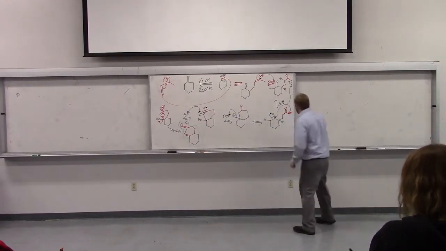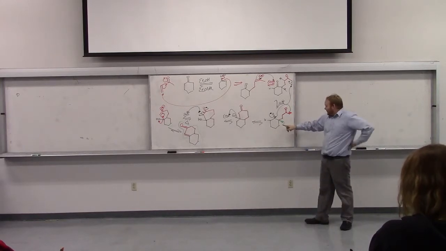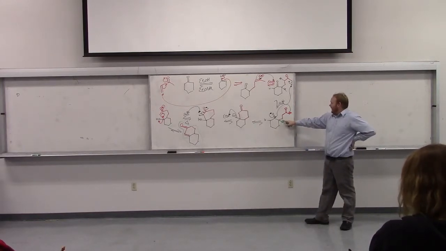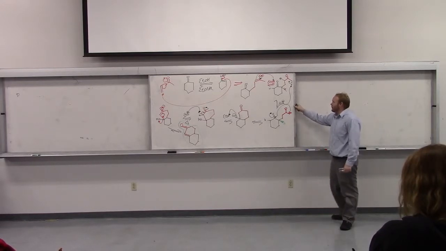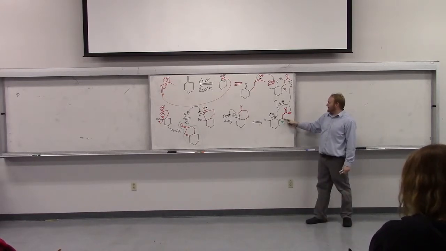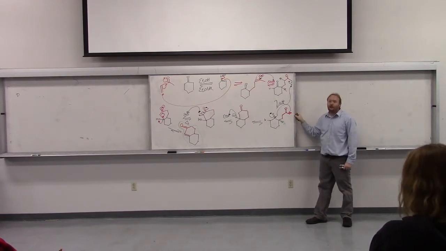So if we have this, for instance, this enantiomer, so this H is pointing towards us, and the enolate's pointing away from us, so pointing to the back. Will this attack from the back face or the front face of the carbonyl? It will attack from the back face.